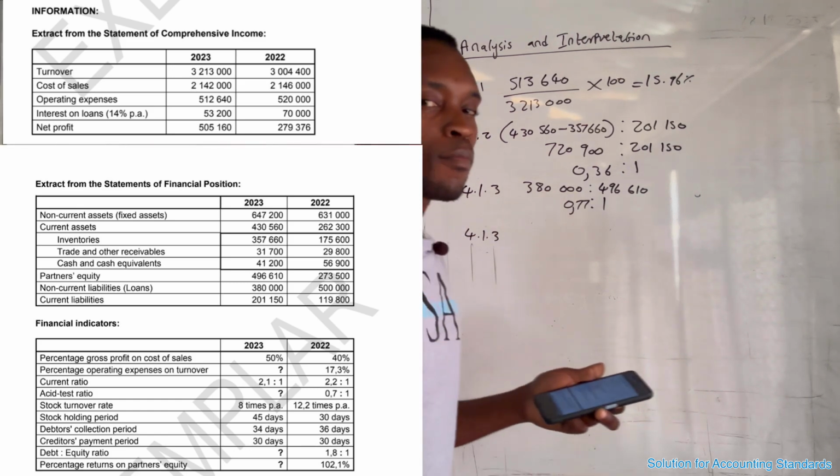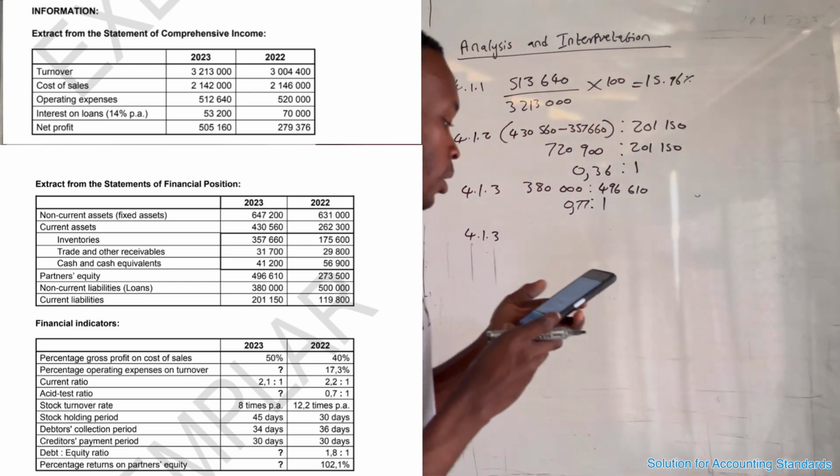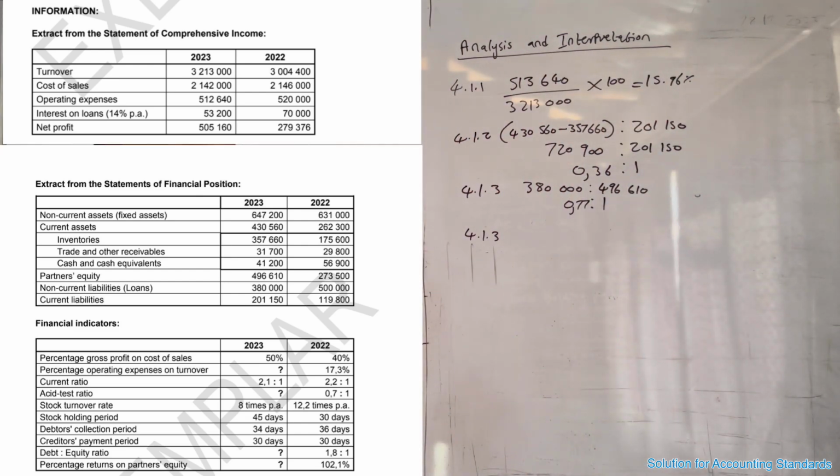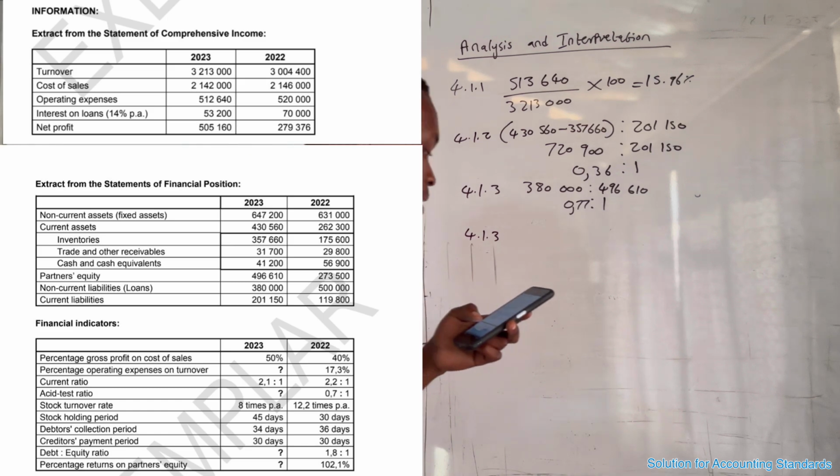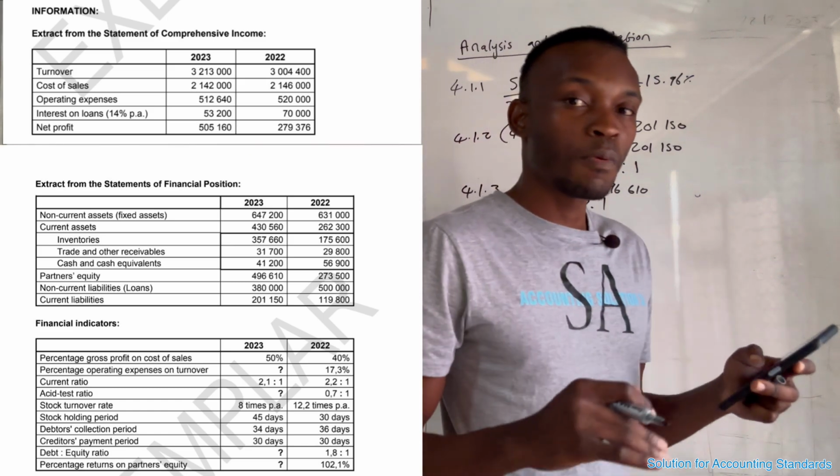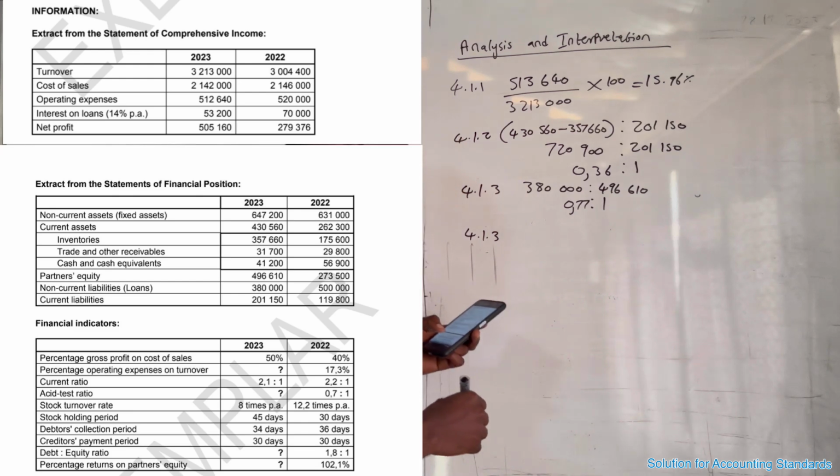4.1.4. Once you have a formula, guys, this is going to be very simple, né? Okay, the next one, they said return on average partners' equity. 505,160 is our net profit under the income statement that we need to start with, because the formula for return on average partners' equity, guys, says net profit divided by average partners' equity.